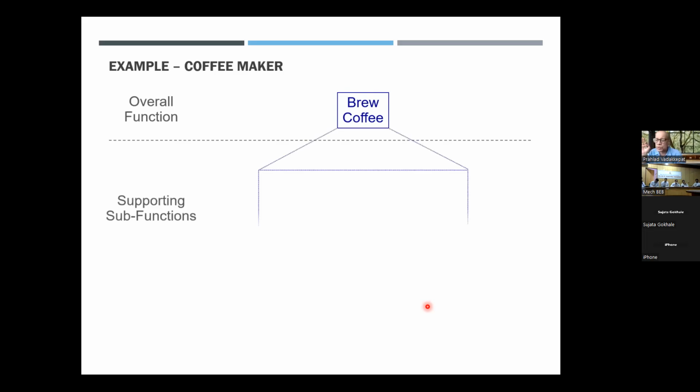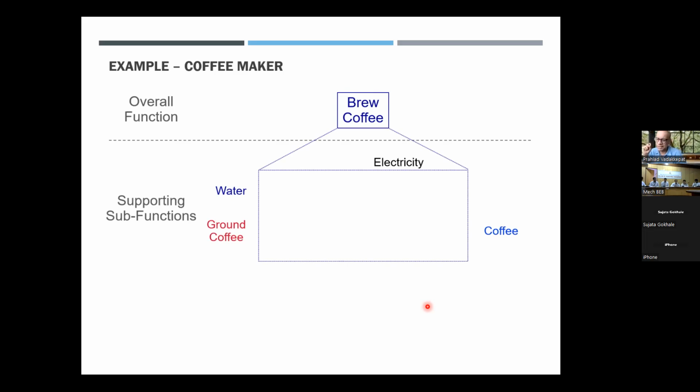You have to really draw a black box. Then you start filling in. What are all the things going into it? Water, ground coffee, and electricity has to come in, and the coffee is the output. So this is the boundary, and what goes in, what comes out.